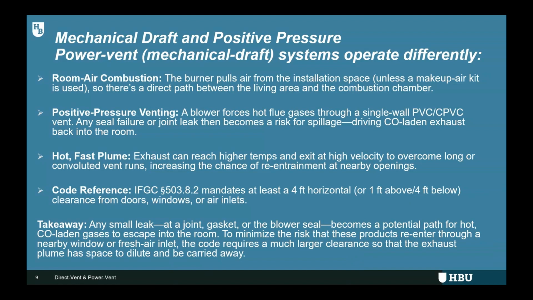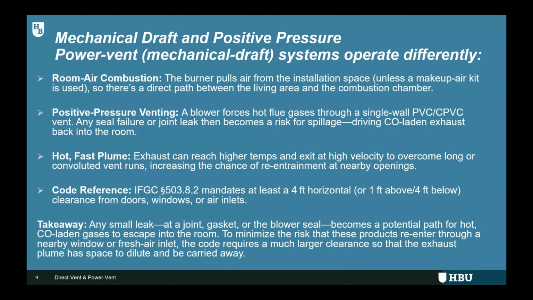The primary reasons for this increased clearance are due to how power vent systems operate. First, room air combustion. Power vent appliances typically draw the air needed for combustion from the room where they are installed. This means there's a direct pathway between the living space and the combustion chamber.